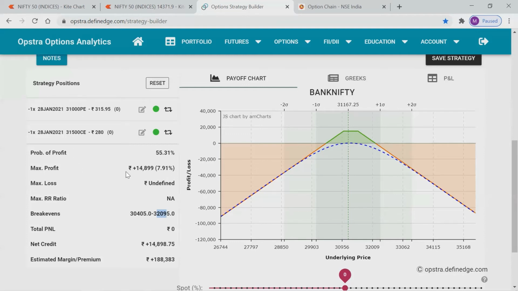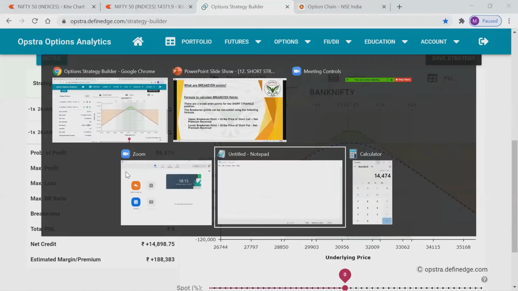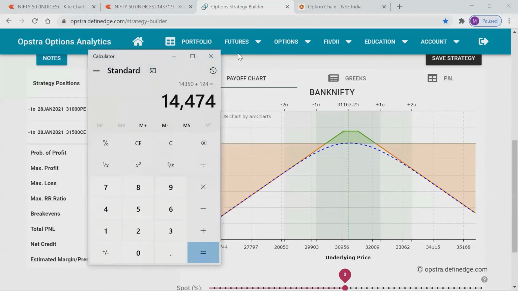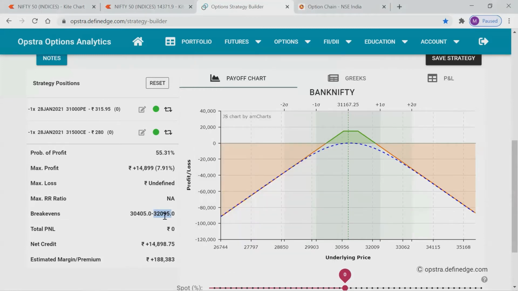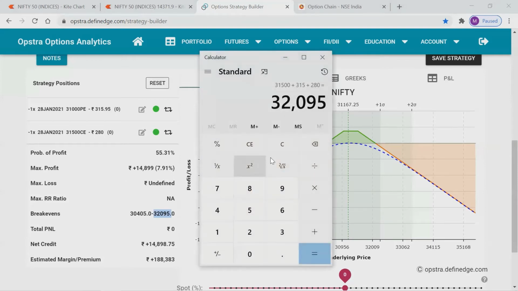I'm so sorry, it should be calculated like this. 31,500 plus this premium 315 plus this premium 280 equal to 32,095. Okay, 32,095. Got it? You need to be adding two premiums for upper boundary.